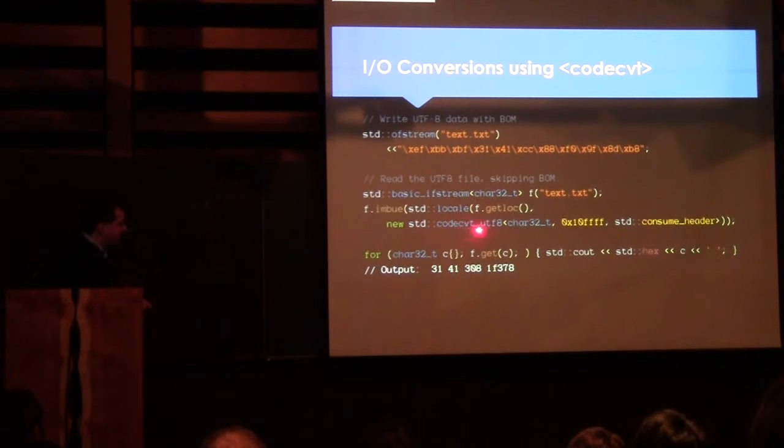In our codecvt facet, we tell it to consume the header, which means that it will look for a byte order mark and do the right thing based on what byte order mark is there. Now you still need to tell it what you think the source encoding is, and then this program prints out the sequence of code points that it has read, because we're converting to UTF-32.